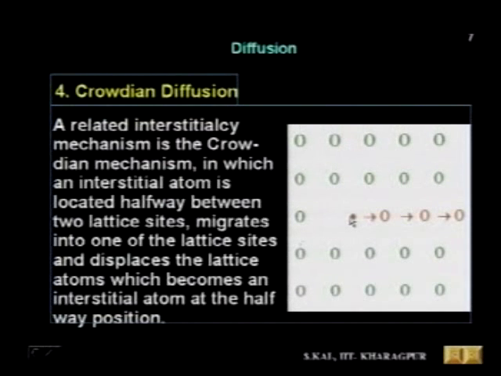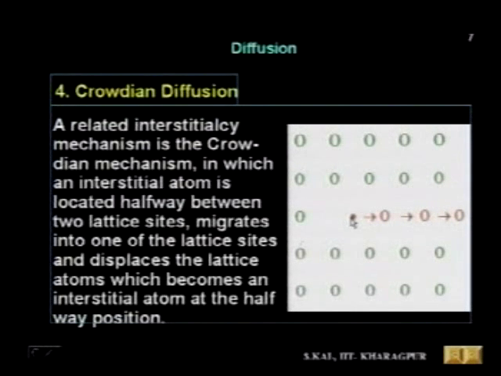This is the impurity atom. It pushes the silicon atom to the next interstitial site, but it will also be at the middle region, the middle line. So a related interstitialcy mechanism is the Crowdian mechanism, in which an interstitial atom is located halfway between two lattice sites.